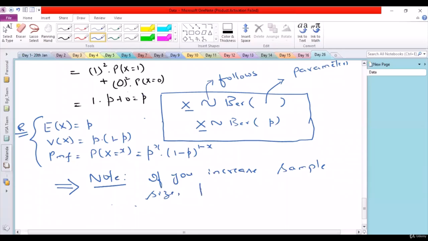your P sample becomes closer to the probability of your population. That is the catch.